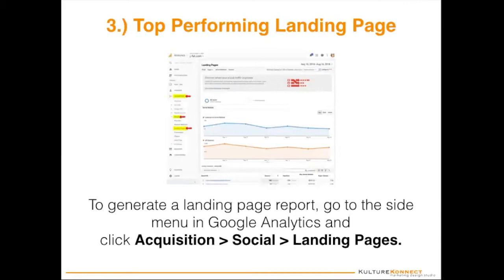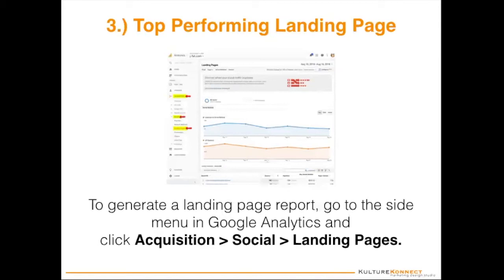Was there a conversion? So you need to know the answers to all these different questions to be able to make the right decisions for your audience and for your business. Okay. Maybe you want your audience to be redirected to a different page, or maybe you want your audience to take a different action on that top performing landing page.